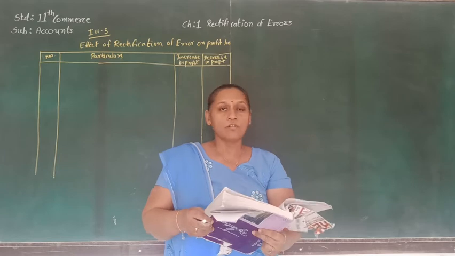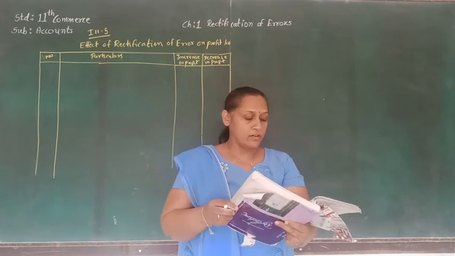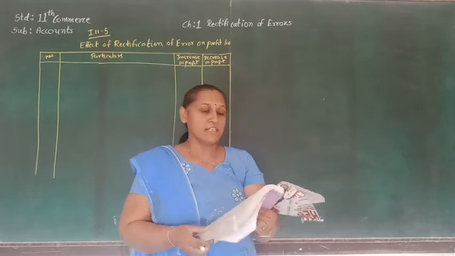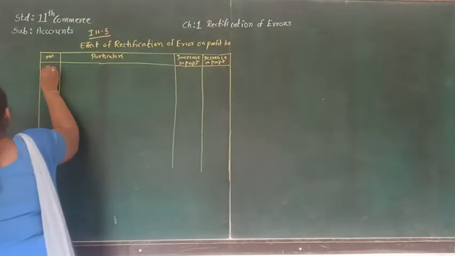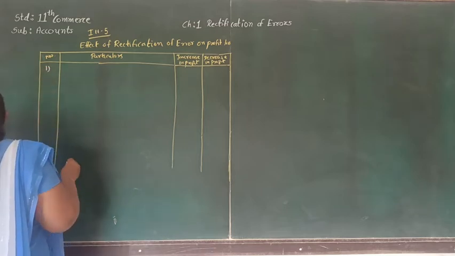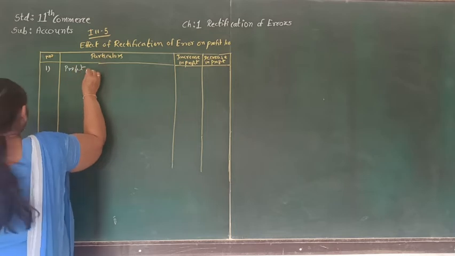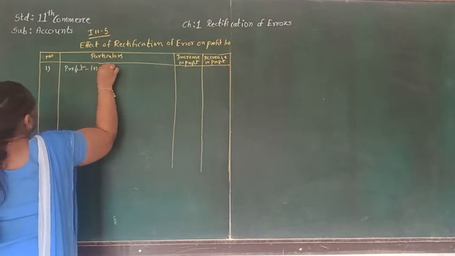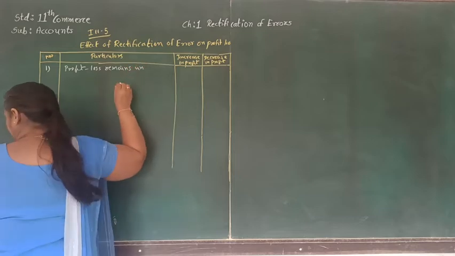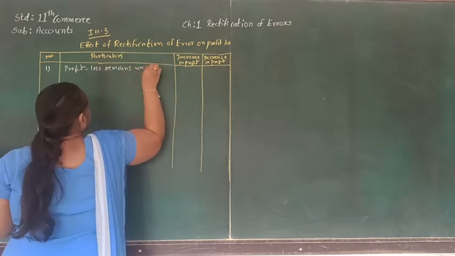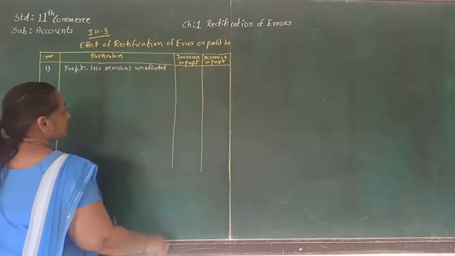Let's see the effect on profit of rectification of error. So here we have already discussed that for the first transaction the profit remained unaffected. So profit and loss remain unaffected for the first transaction.